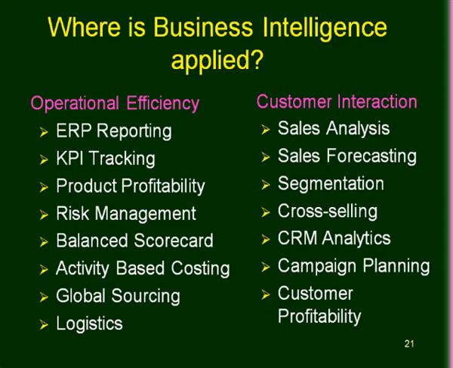Balanced scorecards provide a consolidated view of the business. Segmentation is basically used to cut the data by the key dimension. Risk management, activity planning, campaigning, etc. are all applications where we can use BI. Key performance indicators tracking is also possible. Sales analysis, sales forecasting, etc.